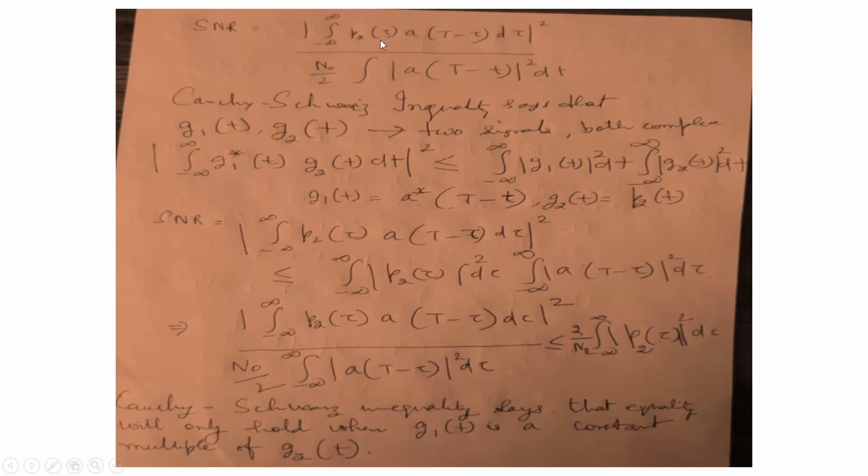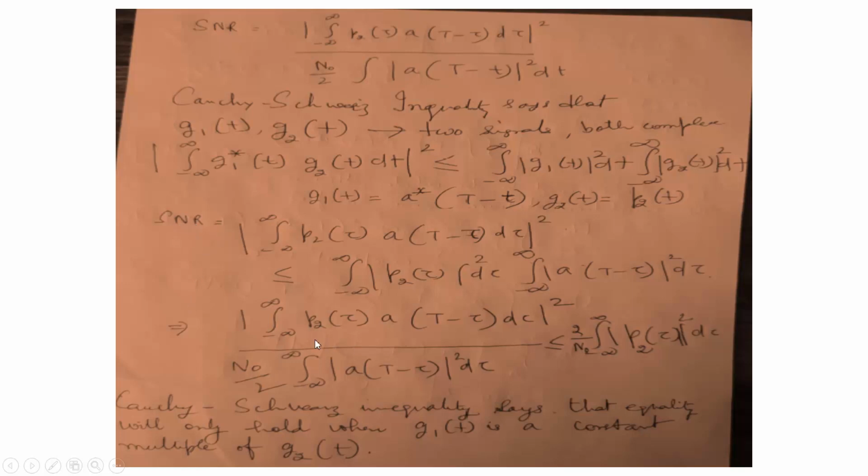To solve our case here, we will assume that G1(t) equals A star(T minus t) and G2(t) equals P2(t). So I'm trying to solve this with the Cauchy-Schwarz inequality, assuming G1(t) and G2(t) to be like this. So SNR will be given by, it's not the SNR, it is the signal power actually.